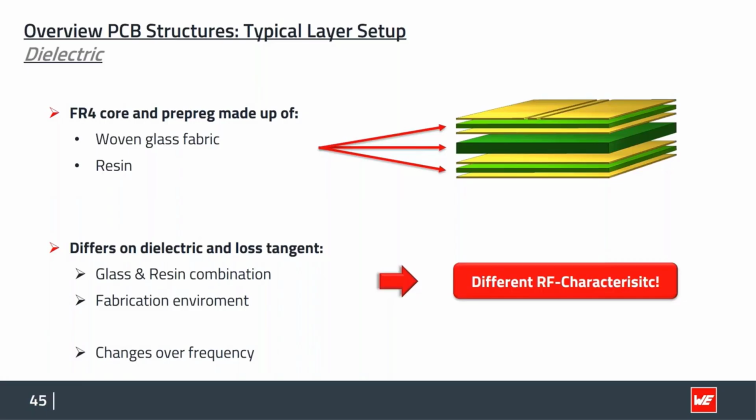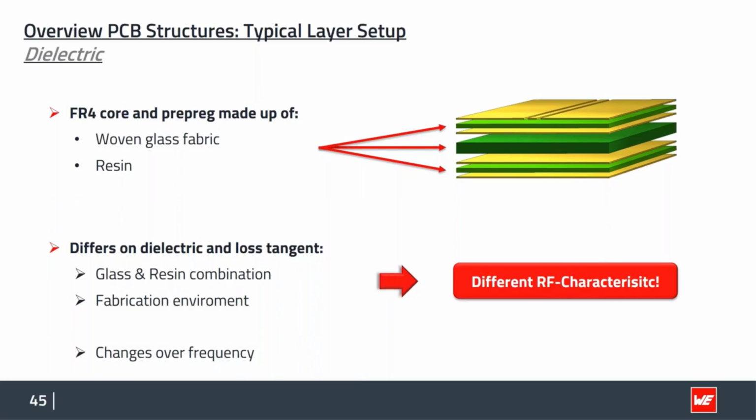The second point to take care of is that PCBs are made of woven glass fabric and resin. And this combination of glass and resin is not the same for each manufacturer, the same as the fabrication environment is not the same for each manufacturer.